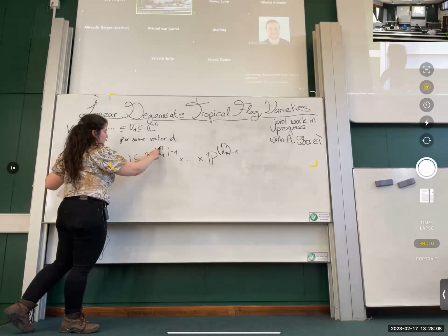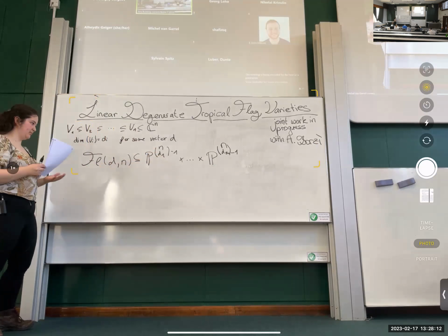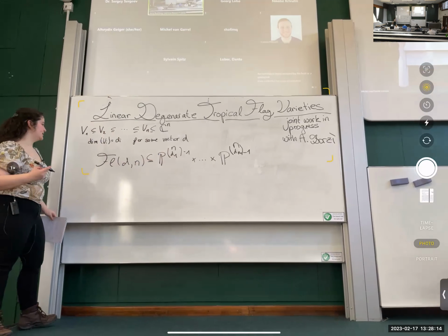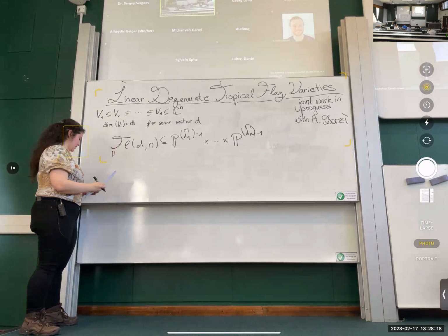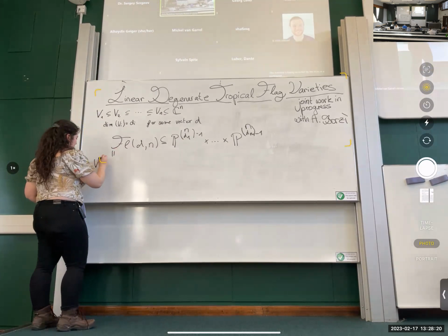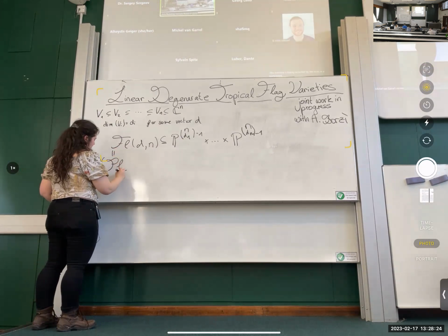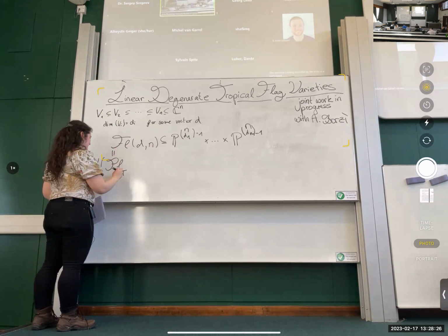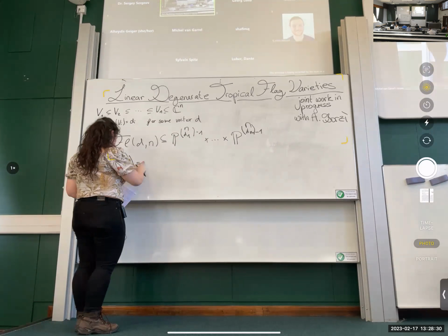This is where this n choose d minus 1 comes in. And this variety is cut out by some algebraic relations. So this is the variety of the Plücker relations, where the Plücker relations are the following relations.